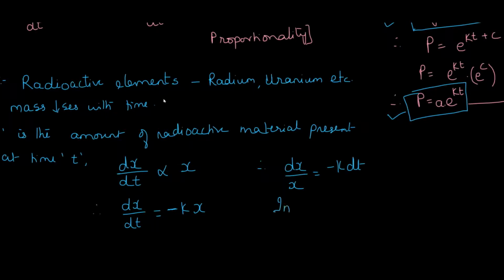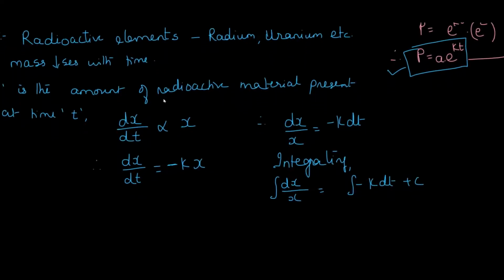So integrating, we have integral dx upon x is equal to integral minus k dt plus c. Solving it further, in the same way as above, we get log x is equal to minus kt plus c. So this is one form where we might use this equation.